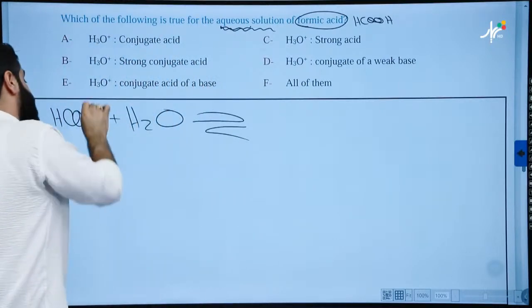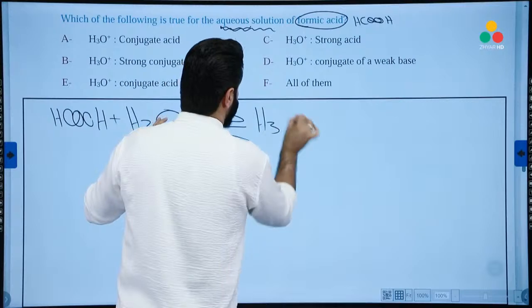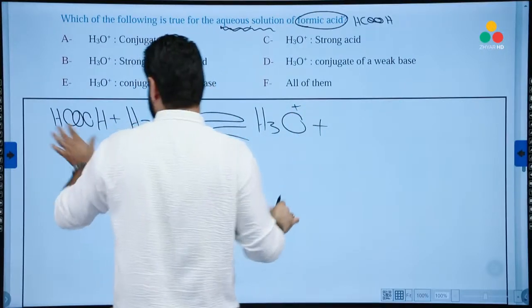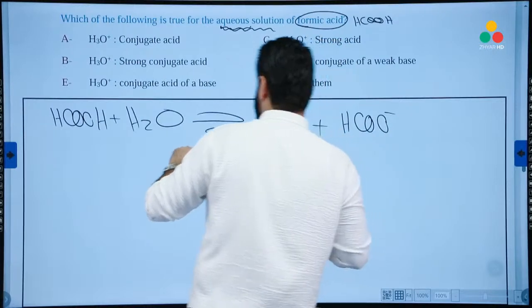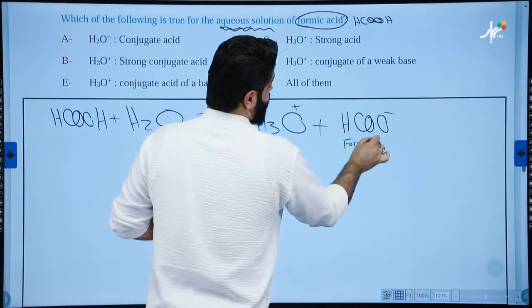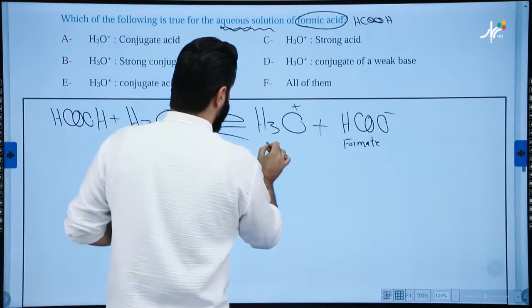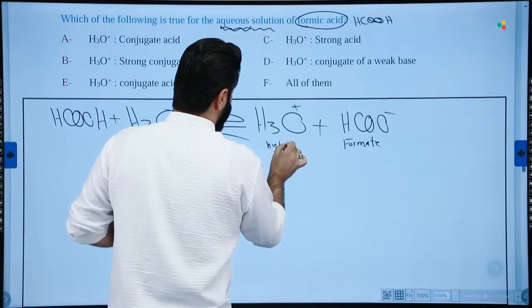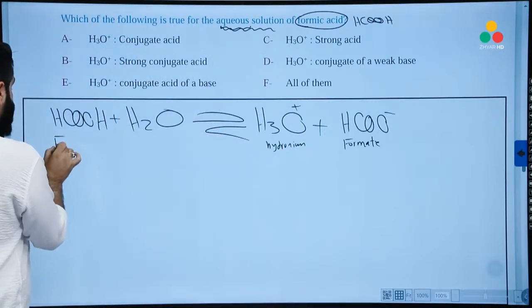Since it's an acid, it must donate the proton to the water molecule to form H3O+ plus HCOO-, formate. Let's write the names. This is formate, hydronium. Of course, this is water and this is formic acid.